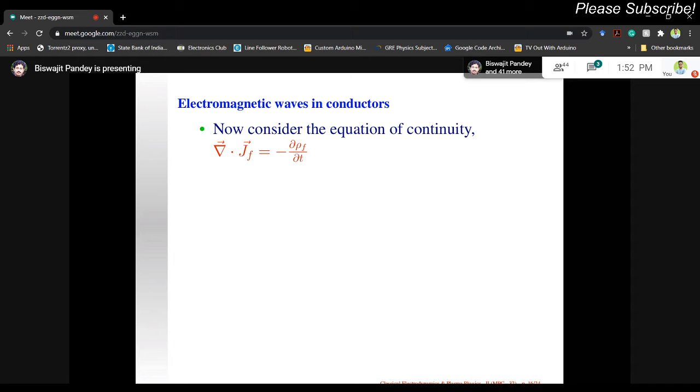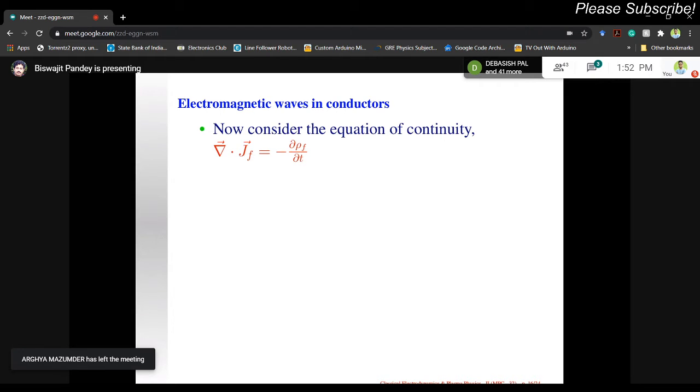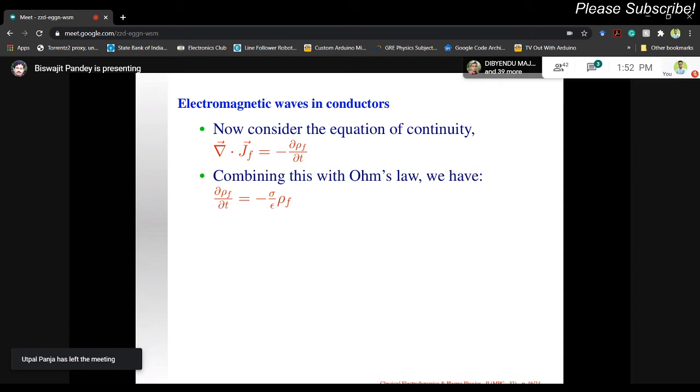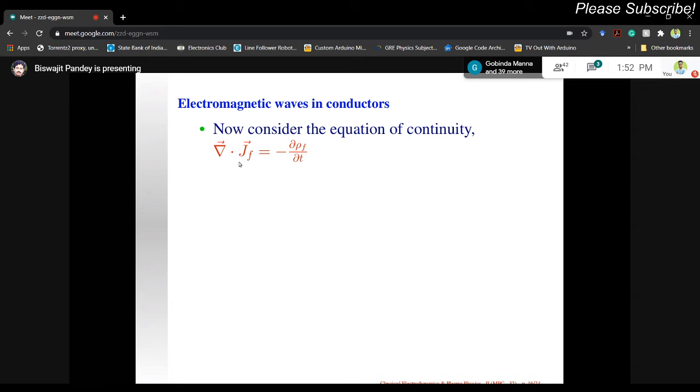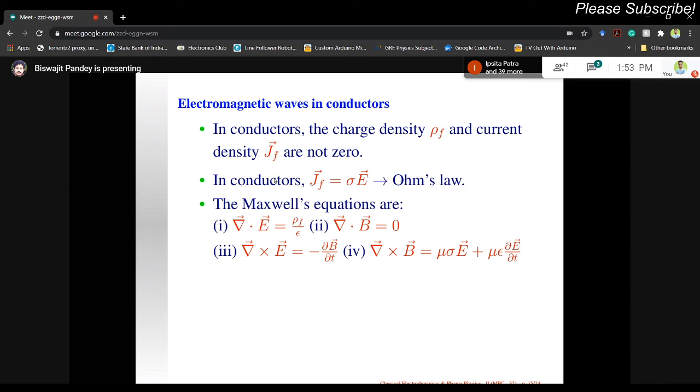Now you see, because you have free charges in metal and they can flow from one place to another, giving rise to current, we need this equation. And if we combine this with the first equation, Gauss's law, divergence of E equal to rho free by epsilon, I am simply putting here sigma times E, because in the previous slide I showed you Ohm's law, J free equal to sigma E. Sigma is a constant which will come out, so we have divergence of E, and divergence of E is rho free by epsilon.